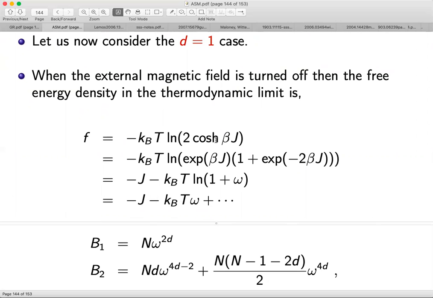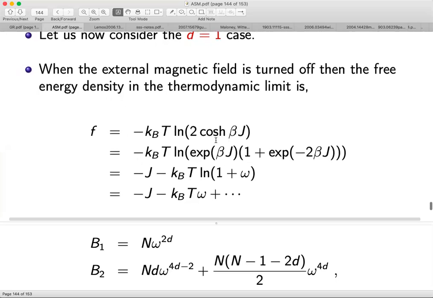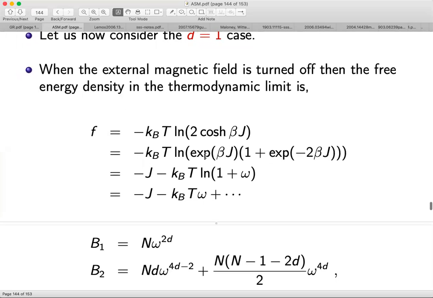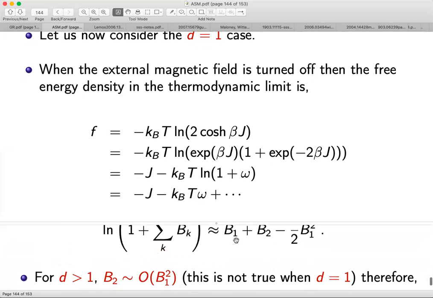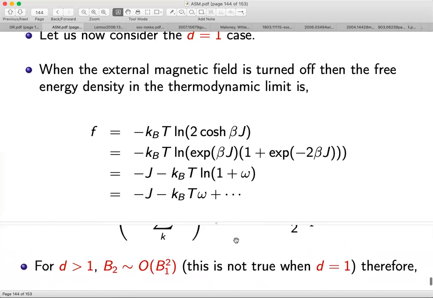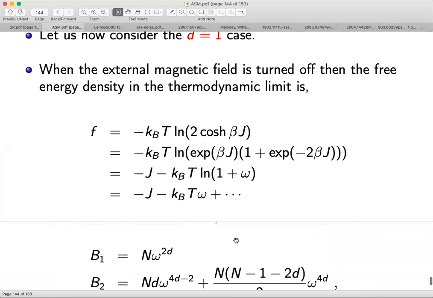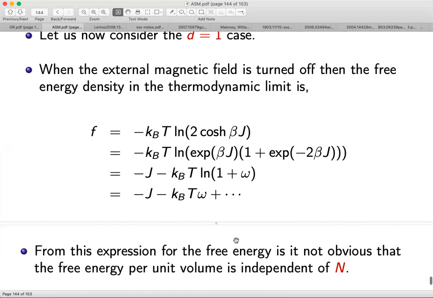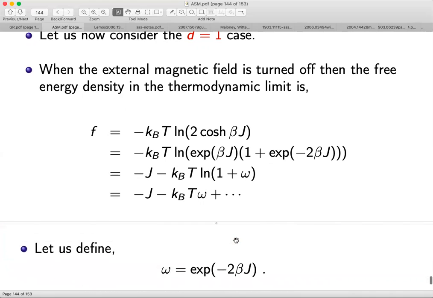Okay, so in that case, what happens is that you can just expand this quantity for beta large enough. You have expression which is log of exponential times 1 plus e to the minus 2 beta j. Okay, now remember we had defined e to the minus 2 beta j as omega. Okay, so let me just go down. Sorry, I had to go up, I think. Yeah.